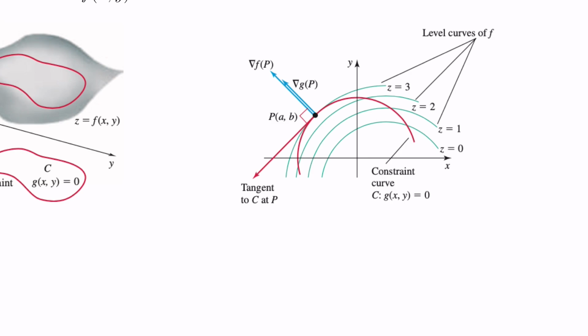So from our discussions, we see that f at P is a maximum value on the constraint curve.